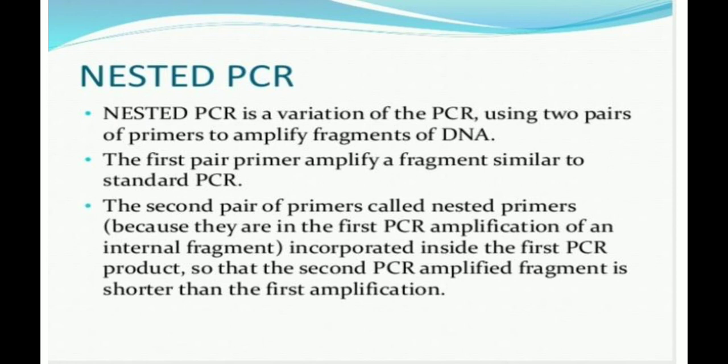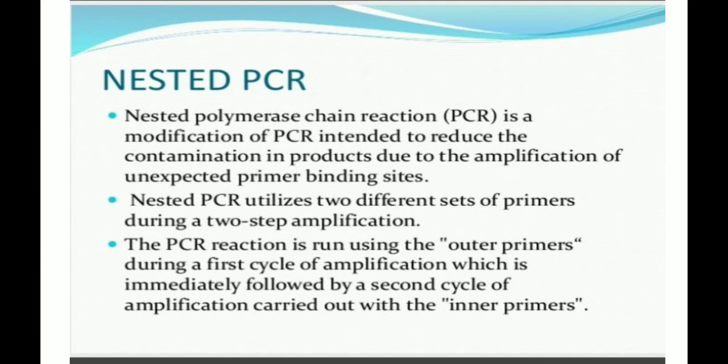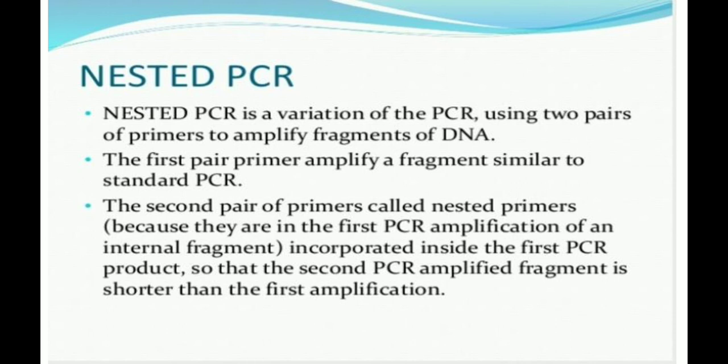This nested PCR is a variation of PCR. As I told you, they use two pairs of primers to amplify the fragments of DNA, right? So the first pair of primers amplify a fragment similar to the standard PCR, like ordinary, and the second pair of primers are called nested primers because they amplify an internal fragment of the first PCR amplification, and they use inner primers, right?